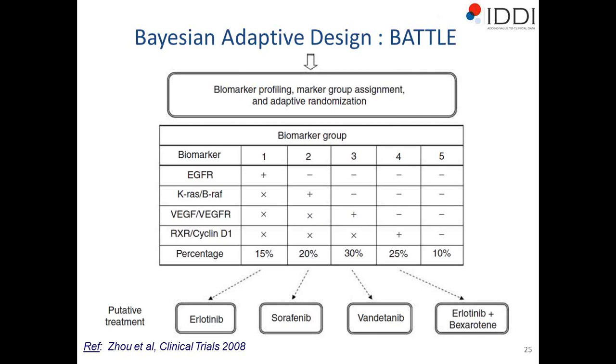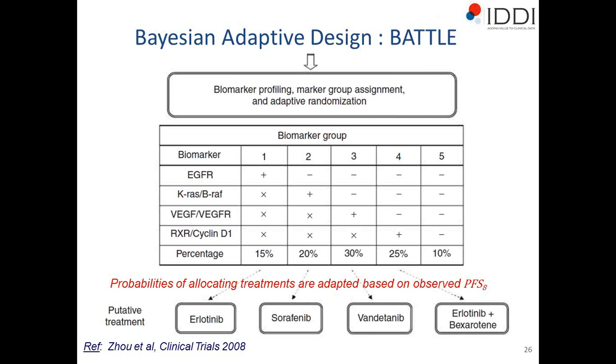Then we have the prior distribution construction, and adaptive randomization is used to allocate treatments to the appropriate subsets of patients based on the observed endpoints for the patients treated so far. In this way, you assign only those treatments to those biomarker subgroups which are actually benefiting from them.